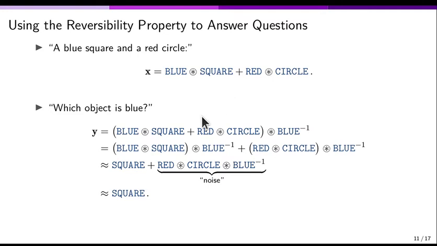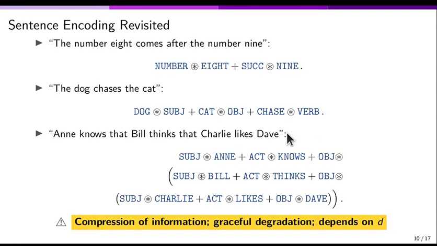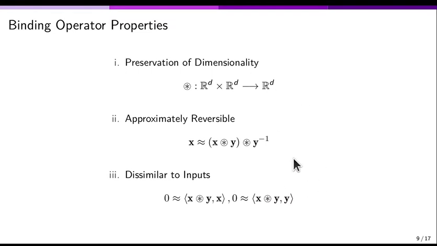With the mathematical properties noted before, take this thing here, that's just the vector x. Then I bind that with the inverse of blue, because we've assumed that binding has some sort of inverse.